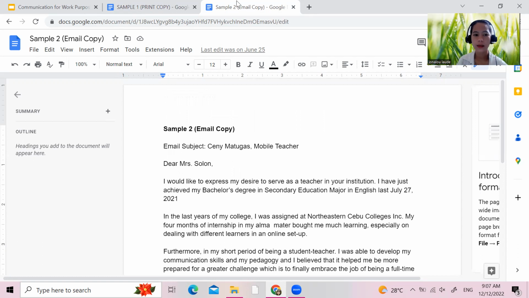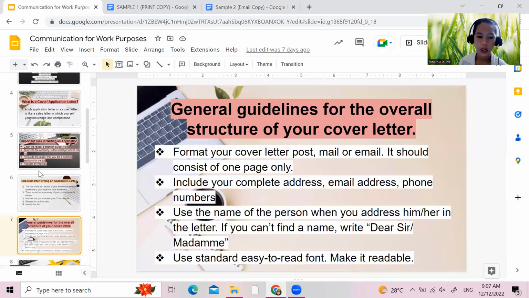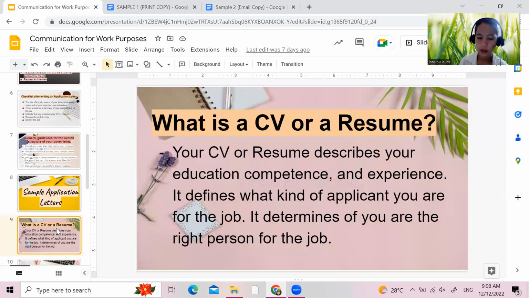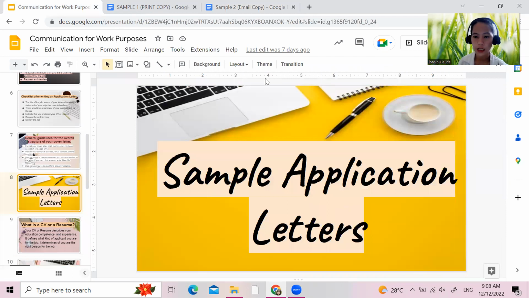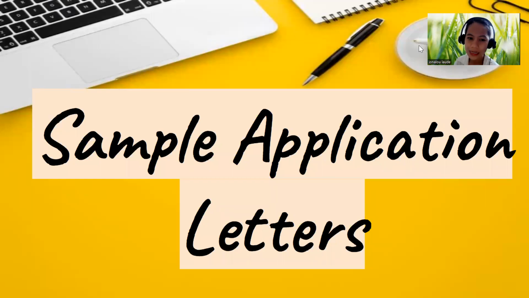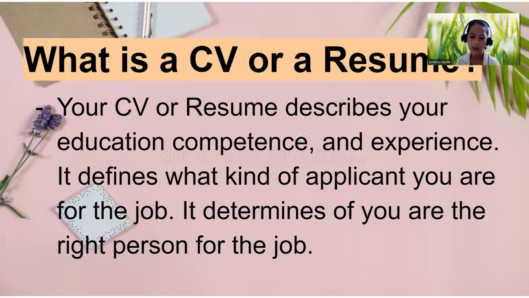Didn't we talk, class, about the sample application letter? So, you have seen my sample application letters. And since, class, I also talked about resume, right? So, what is the meaning of resume? What is a resume or curriculum vitae? Are you familiar with a CV and a resume?